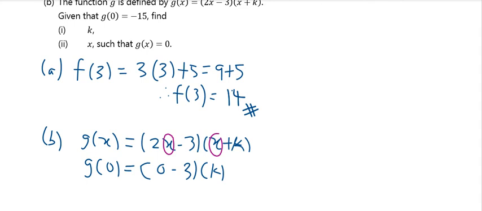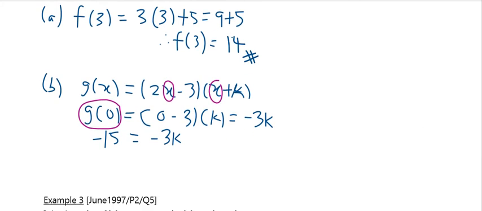So negative 3 times k is negative 3k. And you know that g(0) itself means negative 15, so negative 15 equals negative 3k. Now it is solvable. Therefore k will be negative 15 divided by negative 3, so k equals 5.